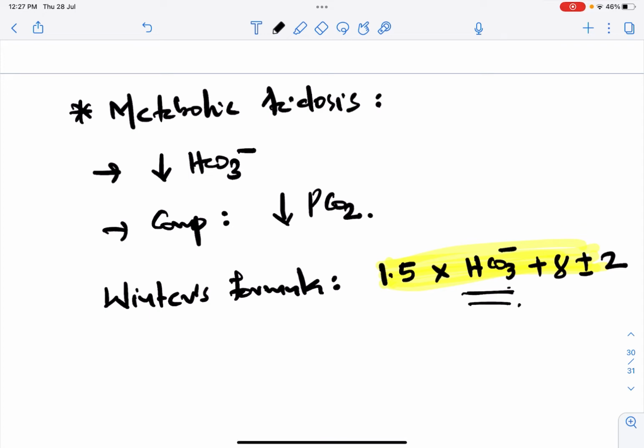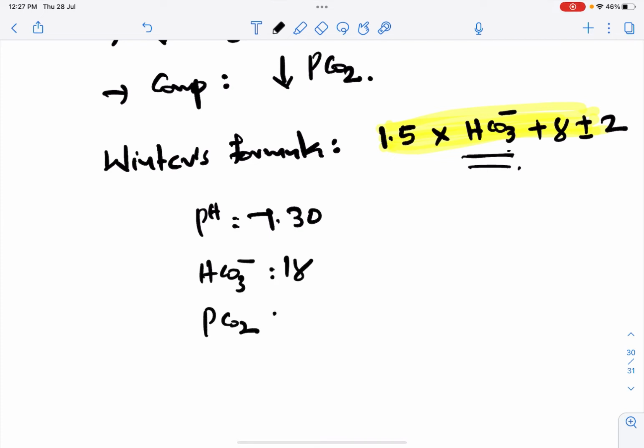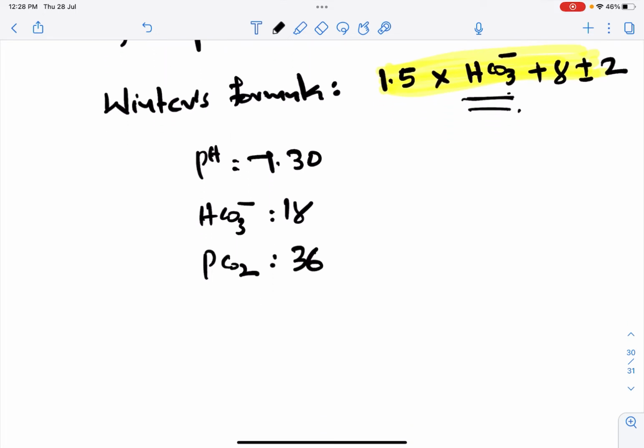Let's do an example. Suppose the ABG of a patient looks like: pH is 7.30, bicarbonate is 18, PCO2 is 36. The first step is looking at the pH. pH is less than 7.40, so it is acidosis.